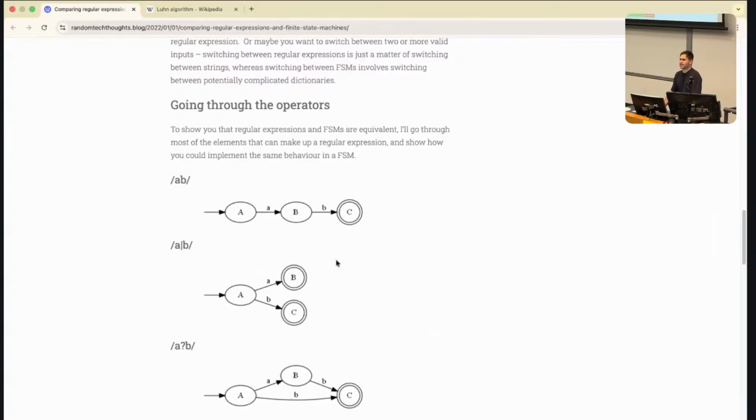So who's not familiar with a regular expression? You can be honest. I was going to say we could do a quiz and we'll see how you go.